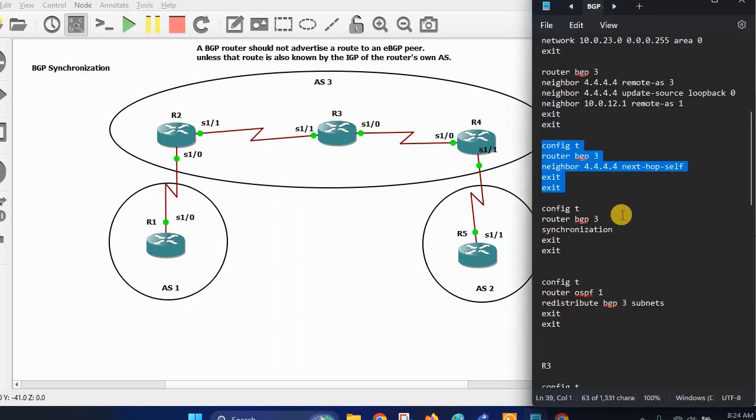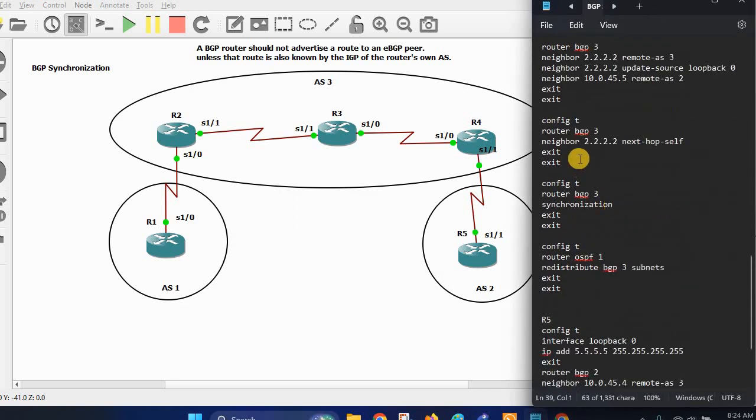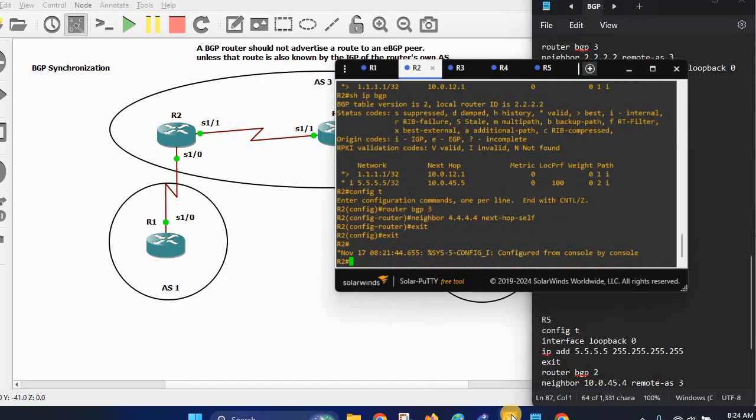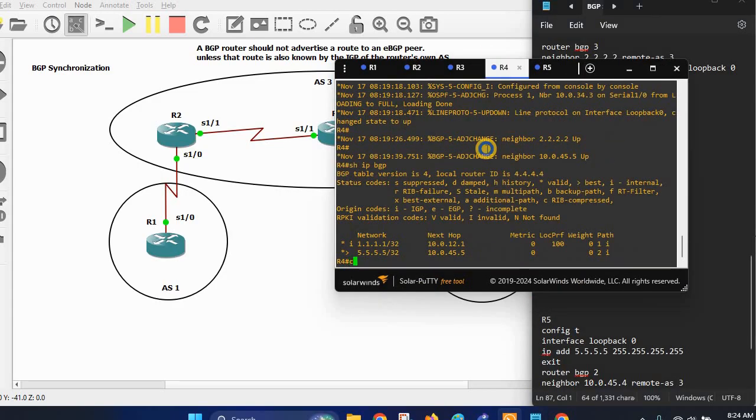Now the same command you will use on R4 also: neighbor 2 next-hop-self. Okay, because we are using loopback, we are using the neighbor IP as loopback. If we configure the direct interface, we can configure it with the direct interface. So on R4 we paste this one.